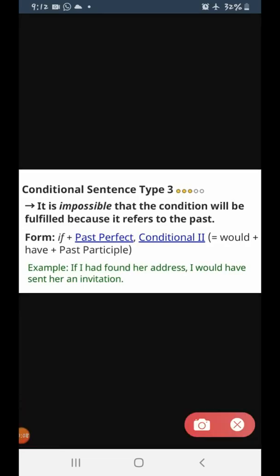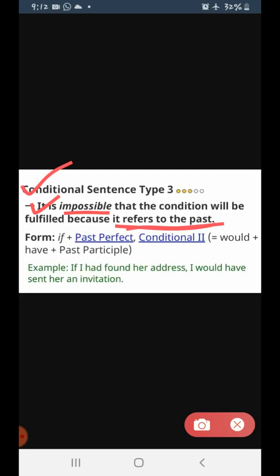Yes, now see. Conditional sentence type 3. Now what is the third type? It is impossible that the condition will be fulfilled because it refers to the past. So here in this sentence, the condition will never be fulfilled because the sentence refers to past time.